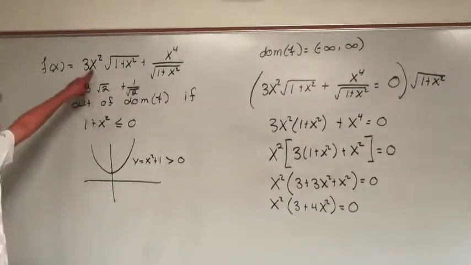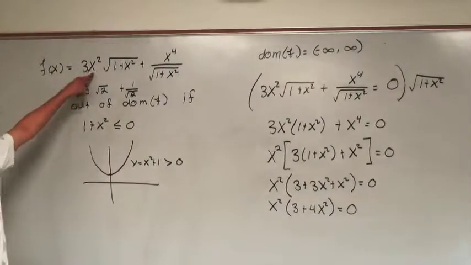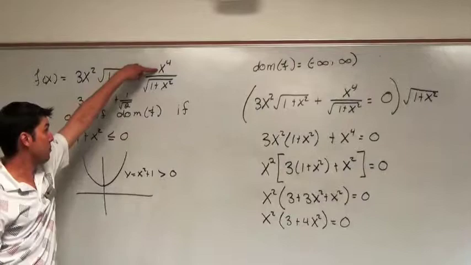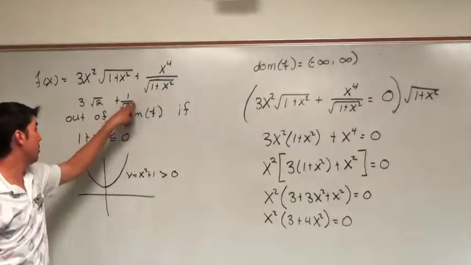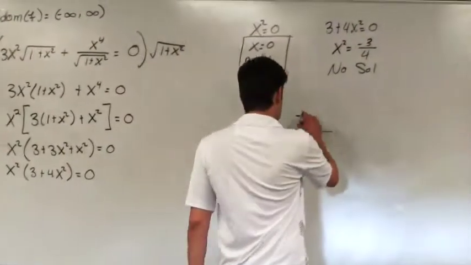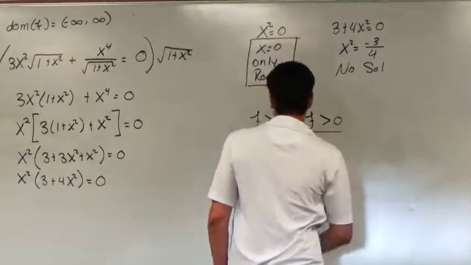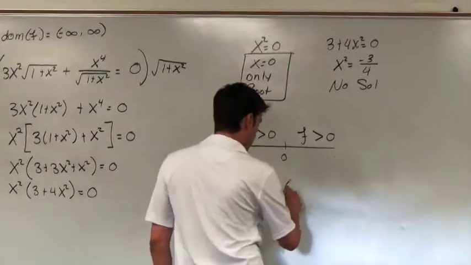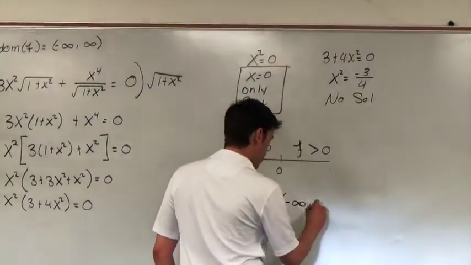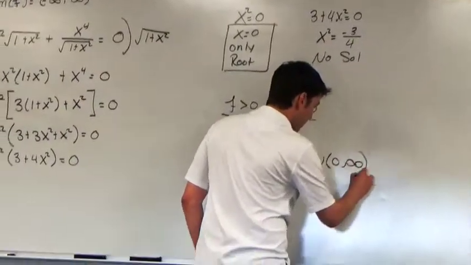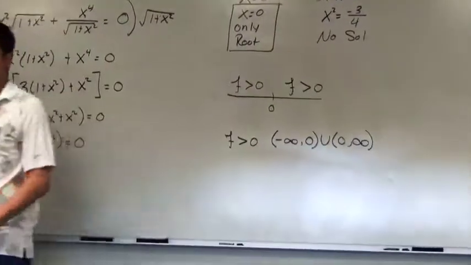If x is 1, we would get 3 from here times the square root of 2. If x is 1, our numerator is 1, and the denominator is root 2, and so again we see it's positive. So our function is greater than 0 from negative infinity to 0, union 0 to infinity, and no, you cannot condense that into one interval.